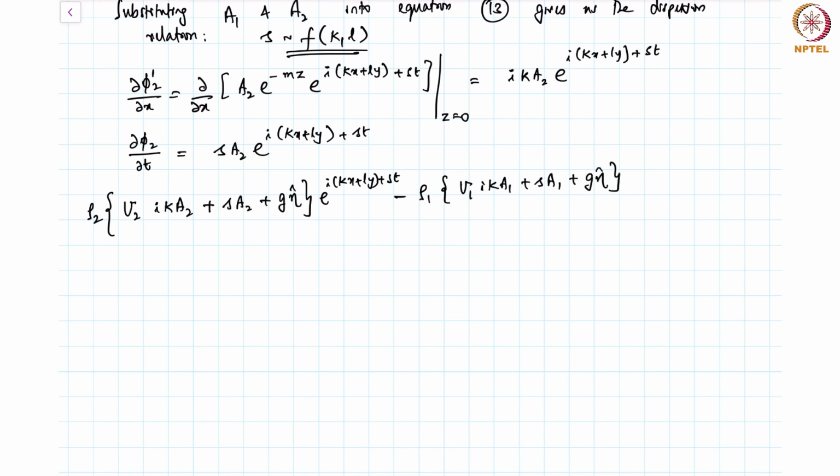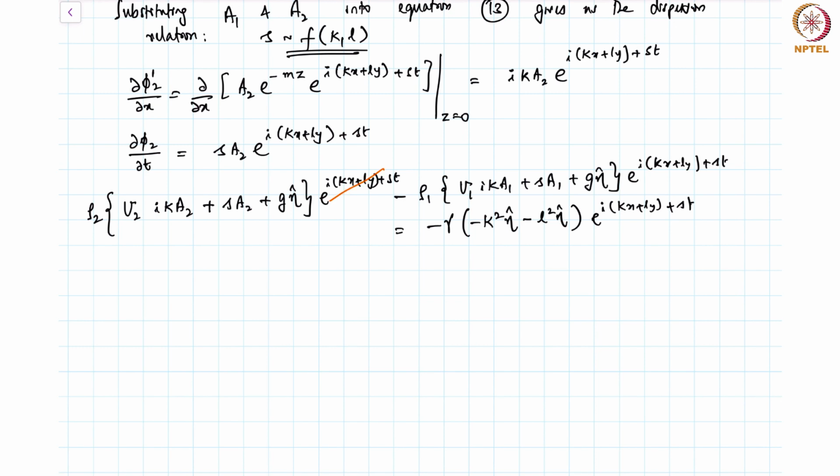And finally we have, on the right hand side, minus gamma times (eta xx plus eta yy). Eta xx simply becomes minus k square eta hat, and eta yy becomes minus l square eta hat, times the exponential of i(kx plus ly plus st).